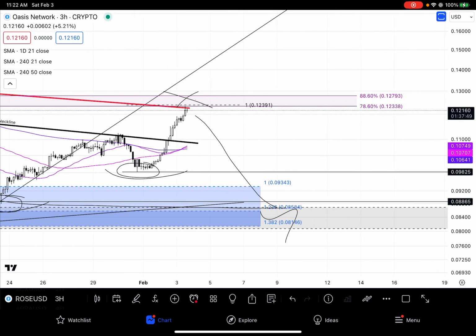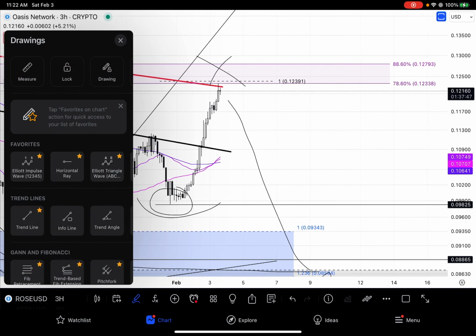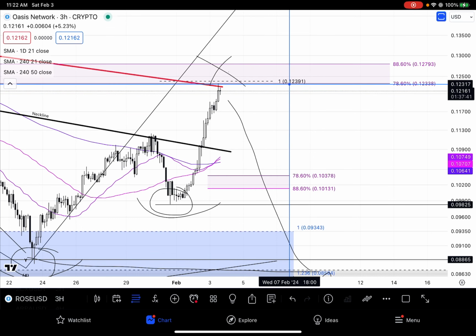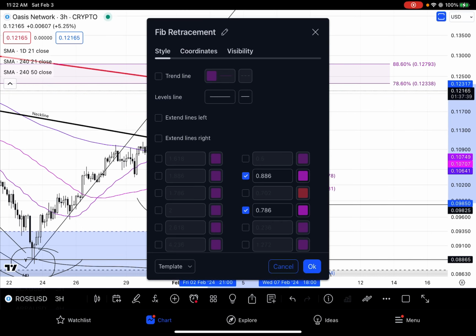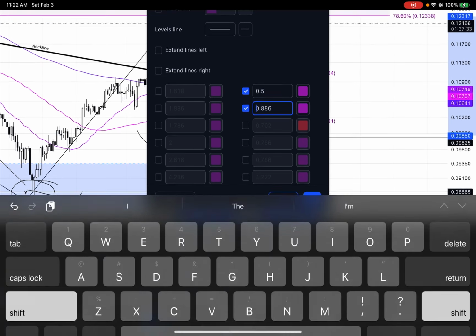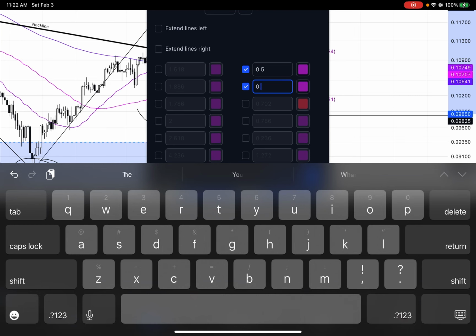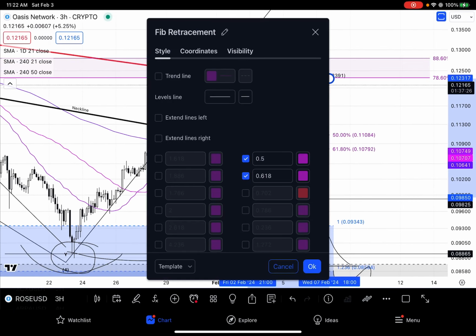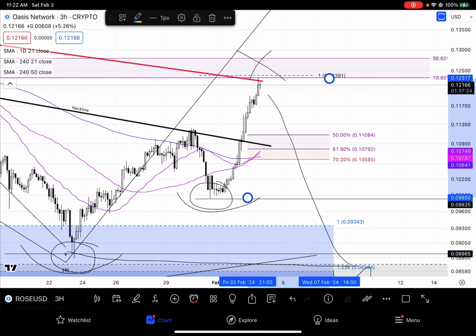Okay, so what you're going to want to do is come to your chart. You're going to take a fib from this low over here on the 3 hour time frame up to this high, or you could say local high. Take out your 50% and your 61.8% fib, as well as your 702.